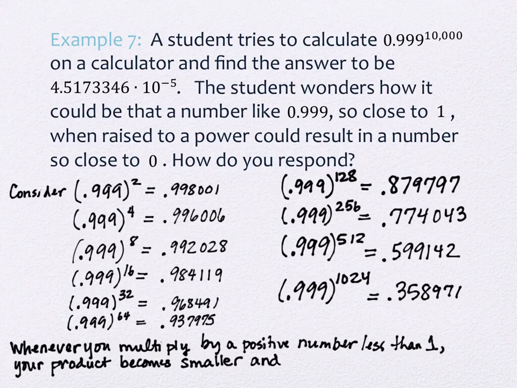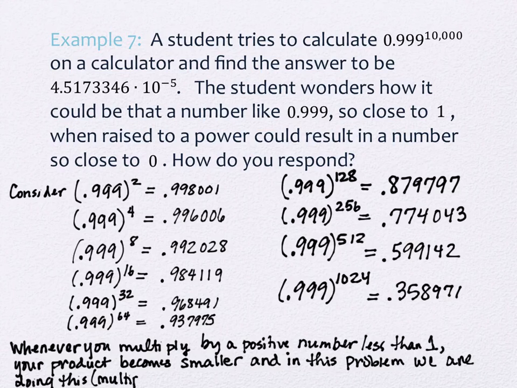And here, in this problem, we're doing this, namely multiplying by a value less than 1, 10,000 times.